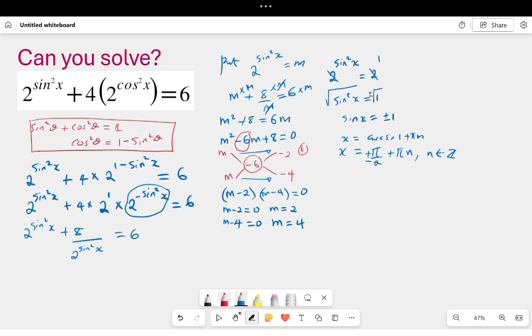Now, our next one is the case where m is 4.